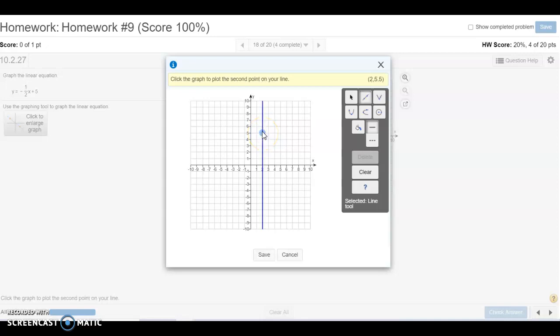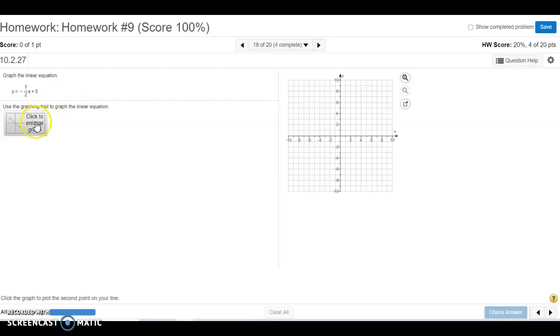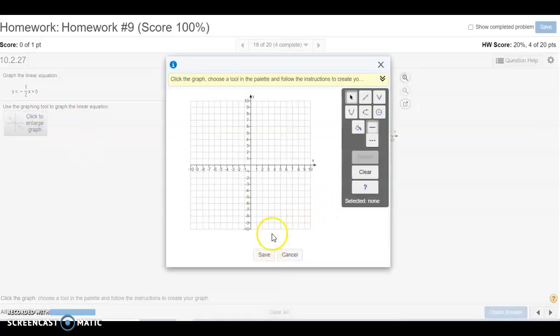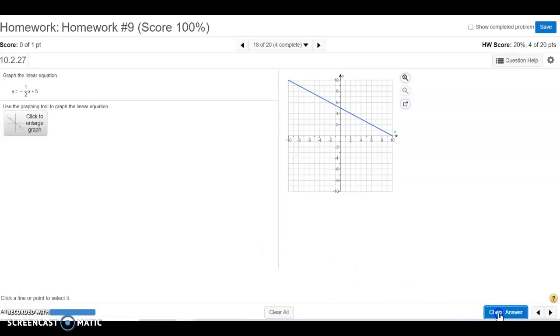Again, now for the other point, oh, I'm sorry, it was 0, 5. So let me cancel that. Start over, click to enlarge. Okay, grab the line tool. 0, 5 was the point, so 0 and 5 right there. And then 2, 4 was the other point, so 2 and 4. Looks like it's it. Save it and check my answer.